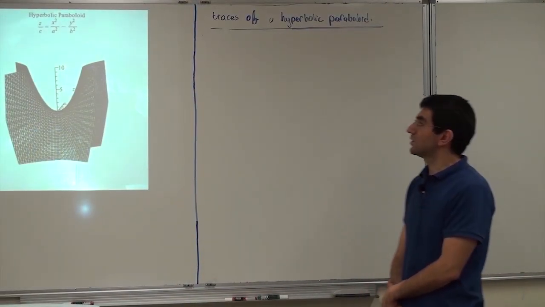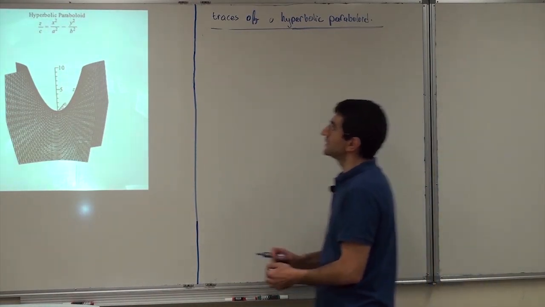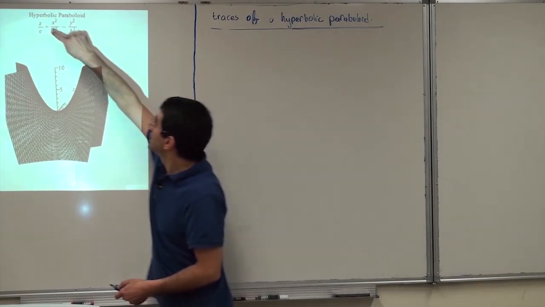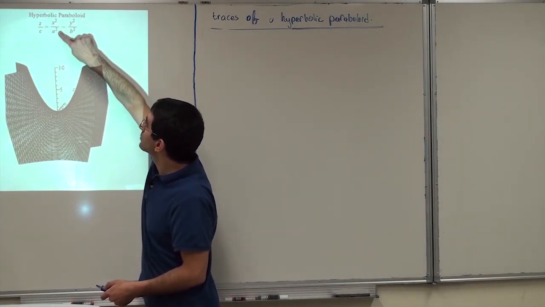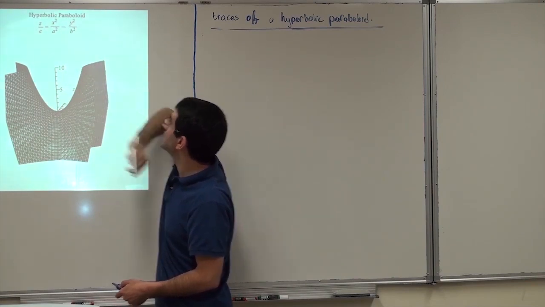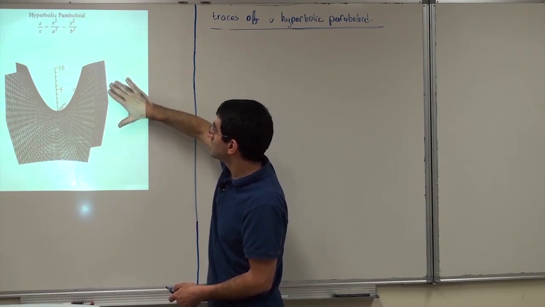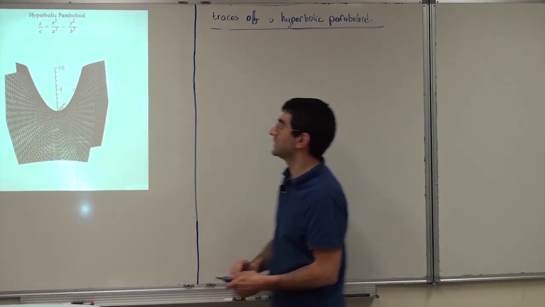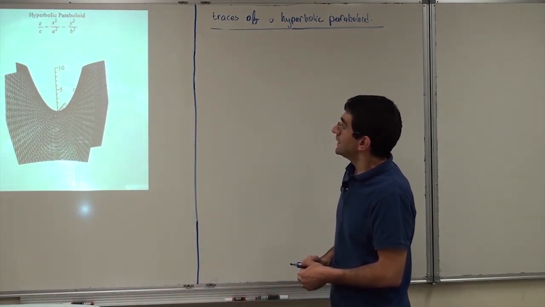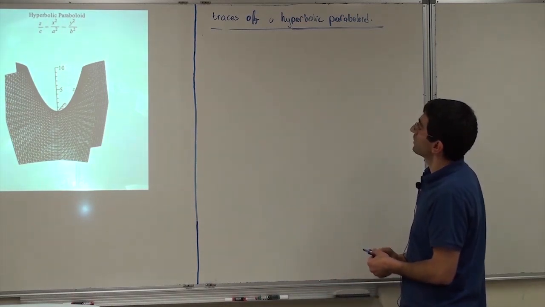Our last quadratic surface is the hyperbolic paraboloid, whose general equation is in the form of z over c equals x squared over a squared minus y squared over b squared. And the graph of this equation looks as shown in the picture. Now, let's have a look at the traces of the hyperbolic paraboloid.